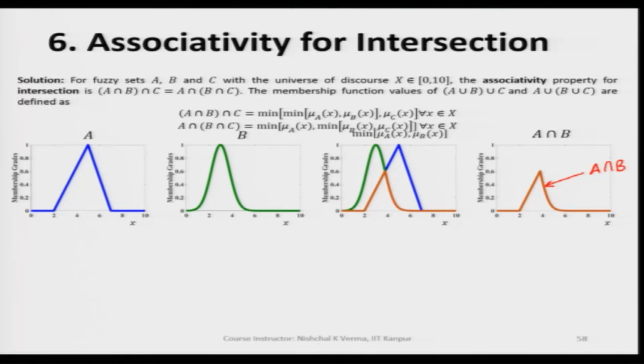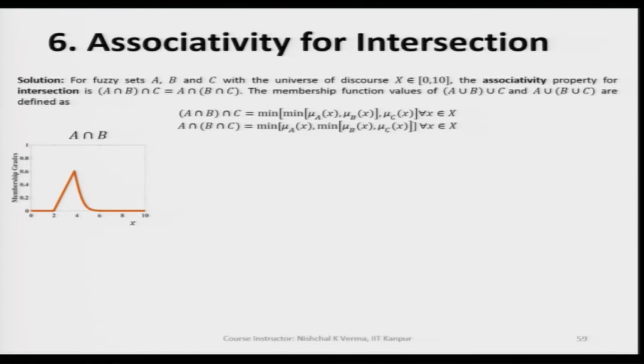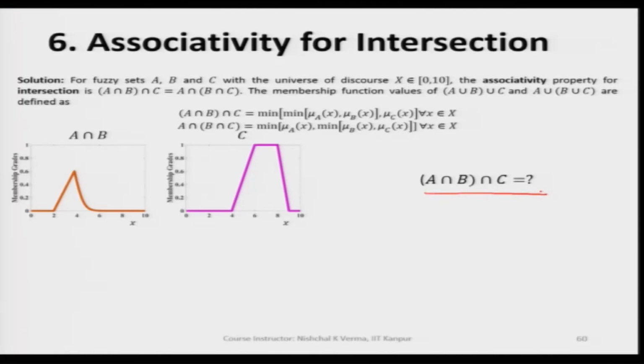When we take the intersection of this fuzzy set with the third continuous fuzzy set, which is C, it is here, and let us see what we get.